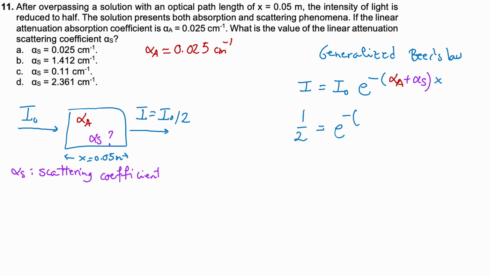If there is a drop of intensity to half, we're going to have 1/2 equal to the exponential of minus the sum of the coefficients, the absorption and the scattering, times x. Then we have the natural logarithm of 1/2 equal to minus x times the sum of our coefficients.